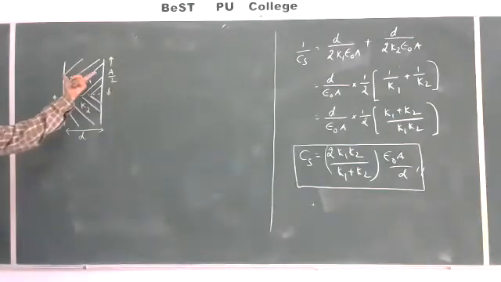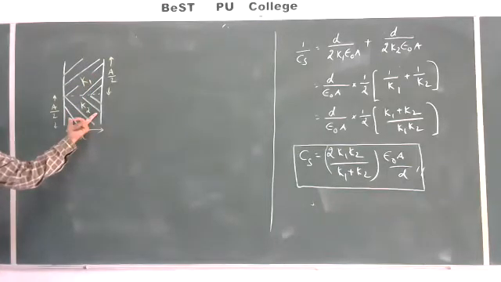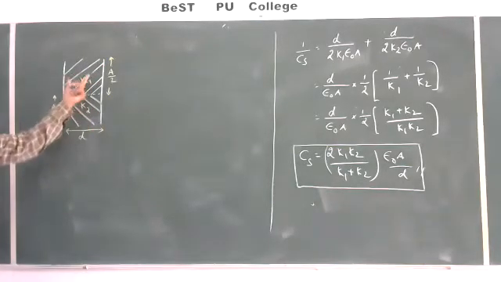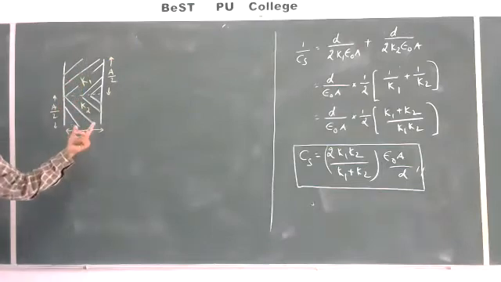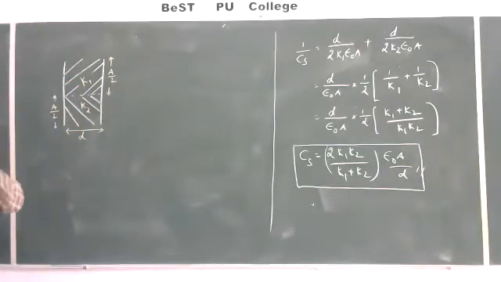Here the two capacitors are one below the other, so I can say those two are arranged in parallel. But based on that we cannot decide actually. If I send a charge, and the capacitance of this and this are different, then what will happen? This charge will divide like this.